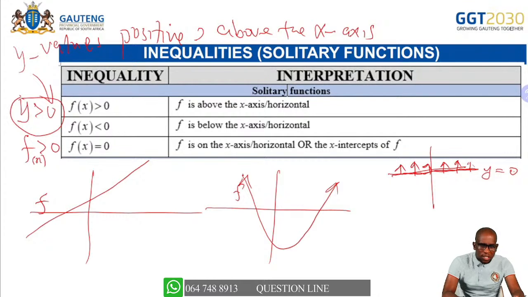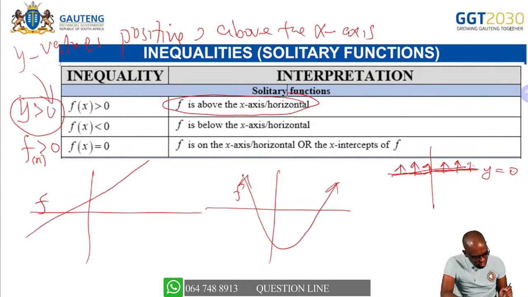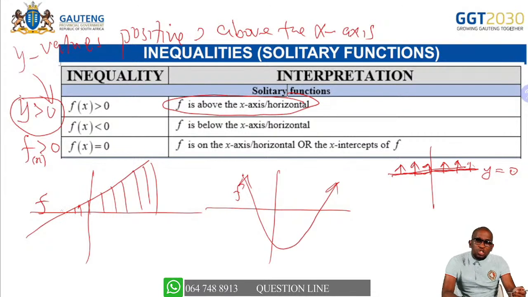So we're going to locate the function where it is above the x-axis or above the horizontal. So we're going to shade that region for this one. You can see that is the portion of the graph that is above the x-axis. Then you need to indicate the values of x for which that particular function would be above the x-axis. Right, now let's check on this one.